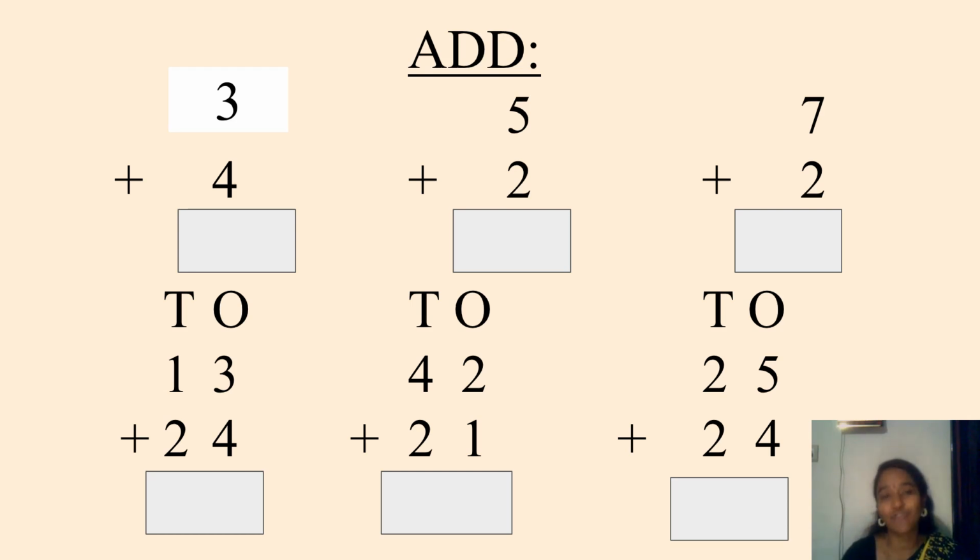In 3 and 4, which is the larger one? 4, isn't it? Now, keep the 4 in your mind. Take the 3 fingers. And what is the number after 4? 5, 6 and 7. Right? 3 plus 4 is how much? 7. Write 7 over there.